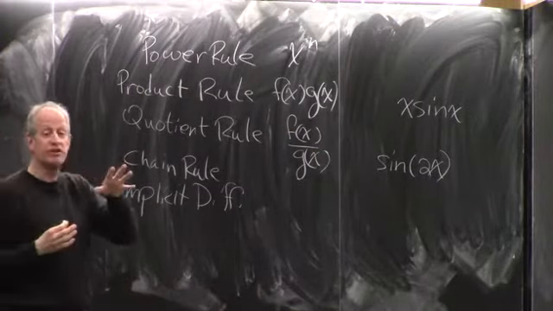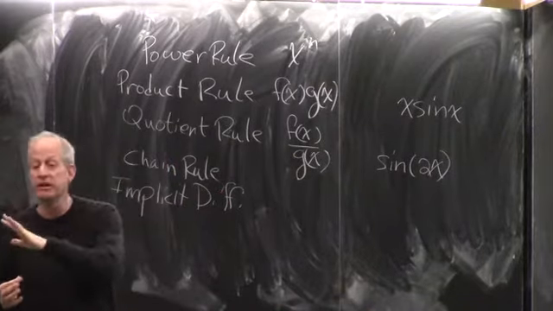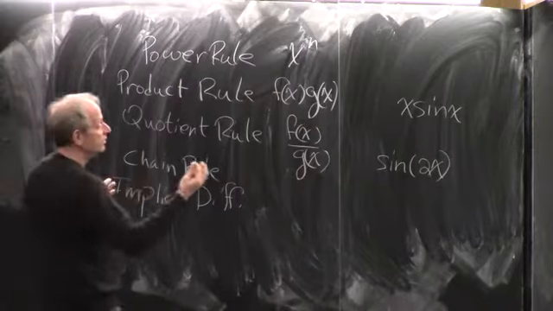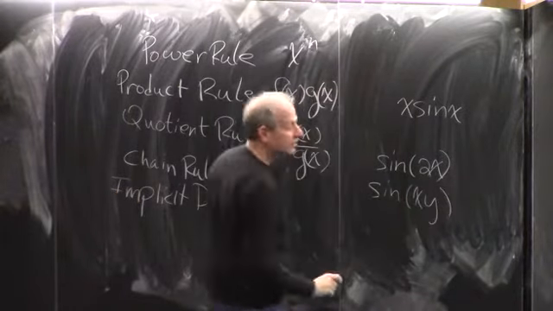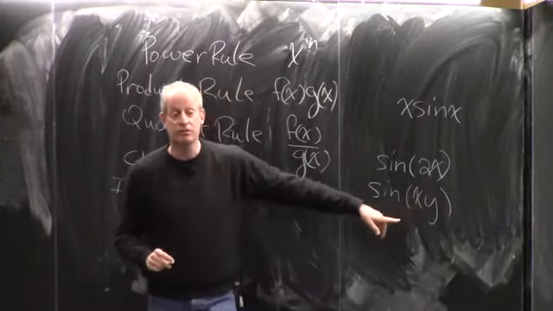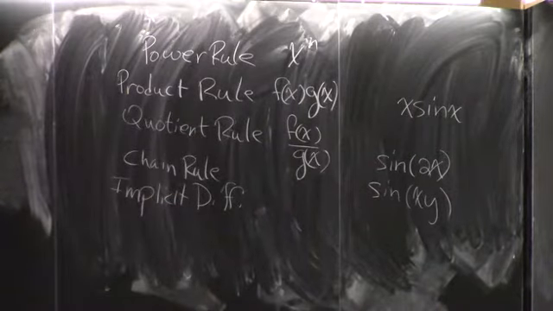When the x's and y's are mixed together, it's implicit differentiation. So if you have sine of xy, you would have to do implicit differentiation, and the xy would require the product rule. So we'll practice all of these in just a couple minutes.